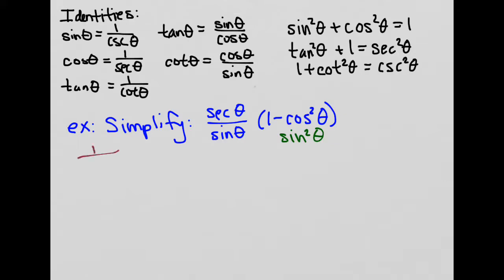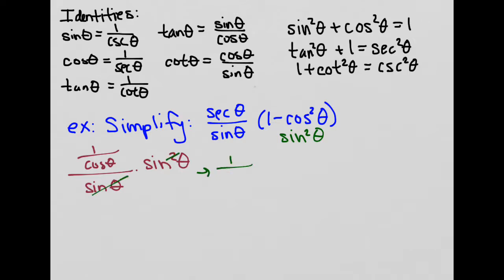So 1 over cosine theta, and that is all over sine theta, and that is being multiplied by sine squared theta. Now we can go ahead and simplify this, so sine squared over sine is just sine. So that cancels with one of those.